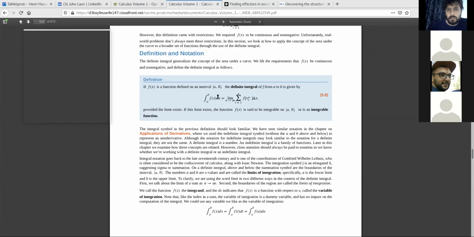You can think of it as we are adding all the teeny tiny infinitesimally small boxes, not points, but boxes, all but 0 width boxes, the width being this dx times f(x). That's our limit.